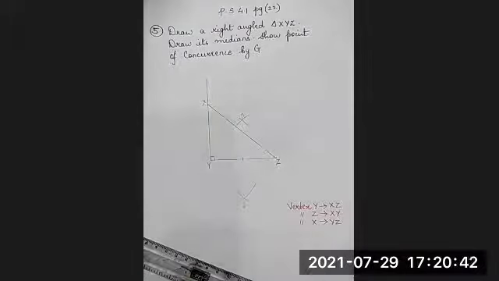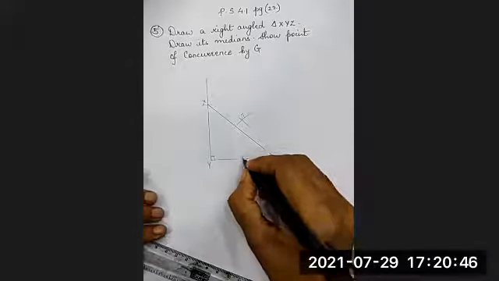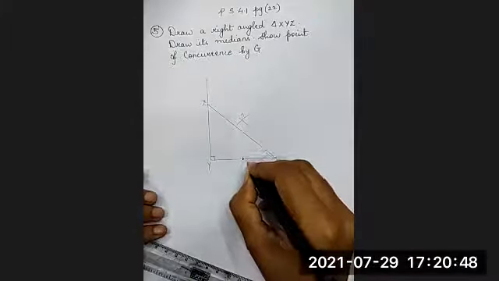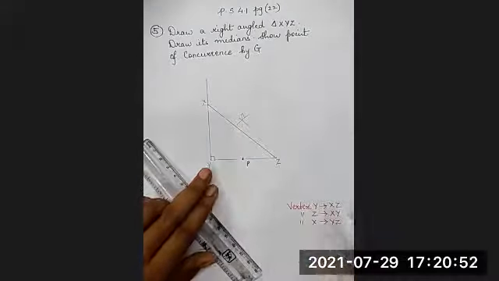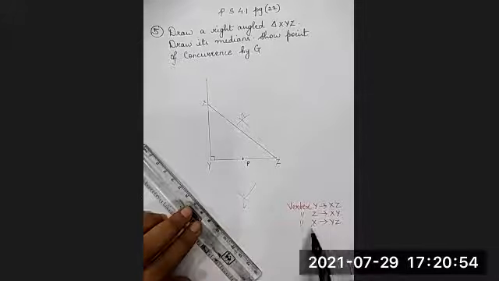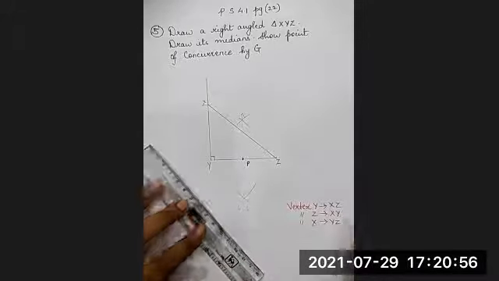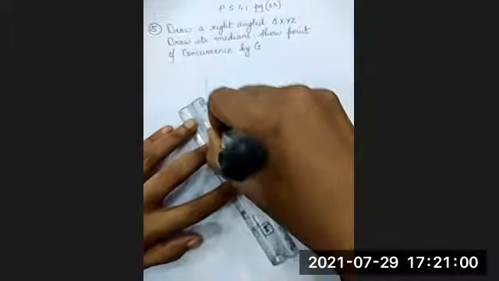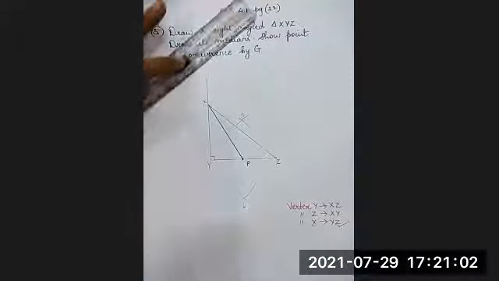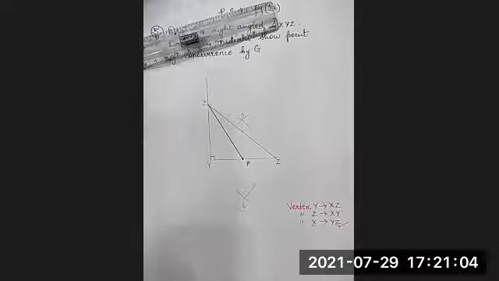So here is my midpoint. I'll name it as P. Now this is side YZ, so for YZ, the vertex is X. So from X, draw a line joining this point P. And this is your first median. So our vertex X is over.